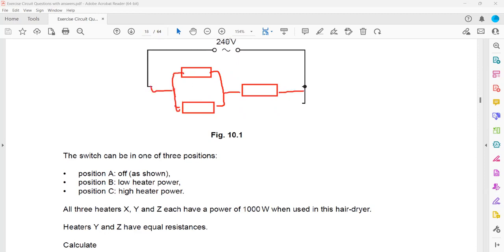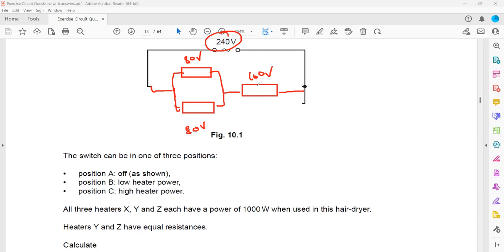They will have the same voltage, but if, for example, this is 80, this will also be 80 because they are in parallel, and the remaining voltage will be across this one, so it will be 160. These two are parallel to each other, but not parallel to the battery, as there is another resistor next to them. So the combination will decide how the voltage will divide between the components.